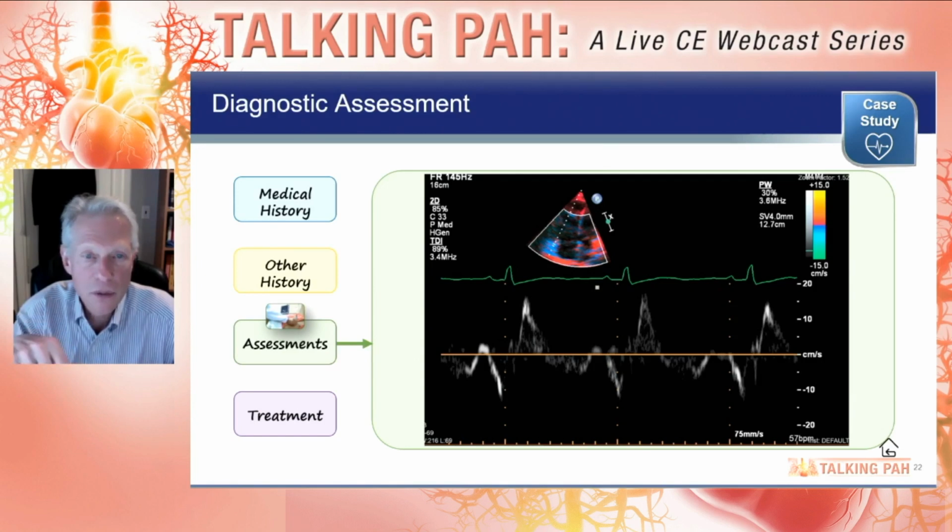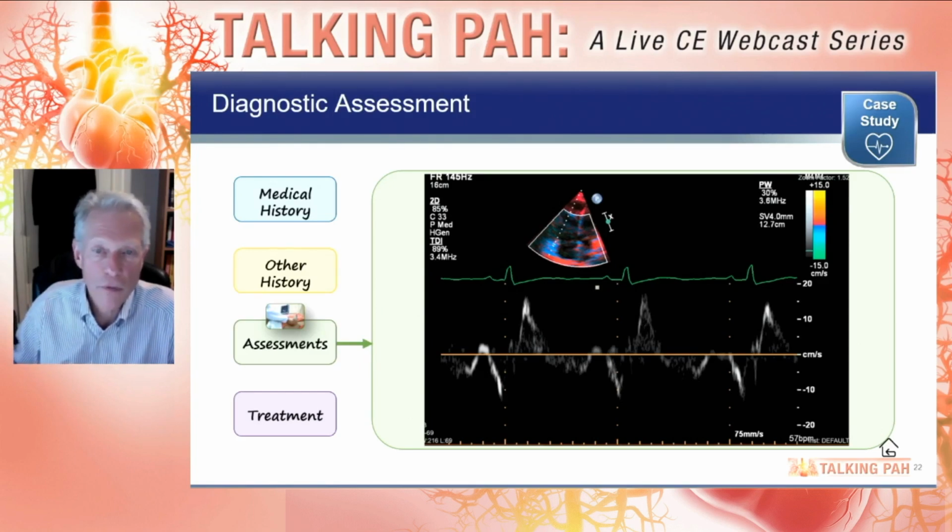What this does is measure the velocity of the movement of that annulus with contraction, and that velocity is expressed in centimeters per second. Generally, so long as it is better than 9 centimeters per second, that correlates with a preserved RV function. In this case, you can see it's 12.7 centimeters per second.